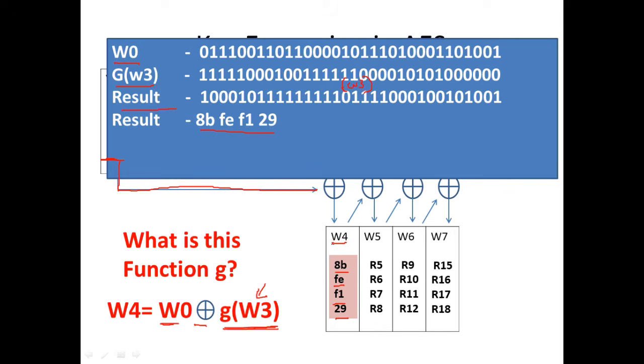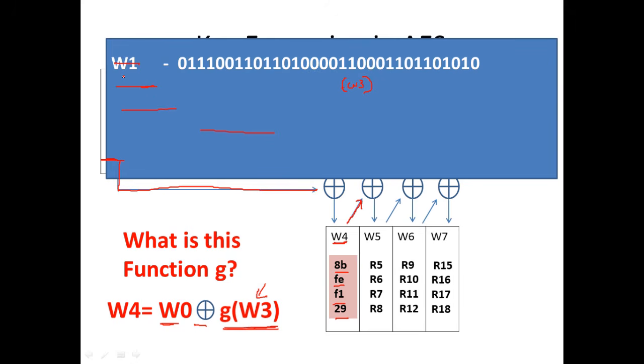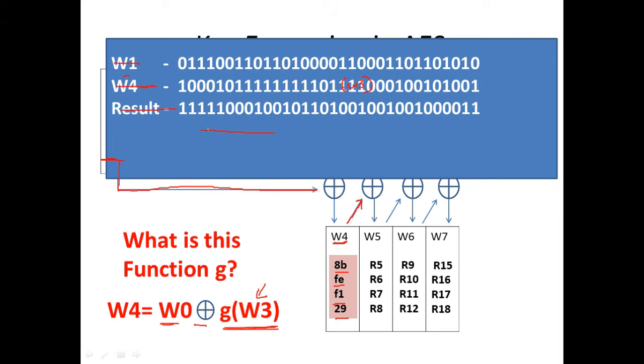So once you get W4, things are quite easy. What you have to do is take W4 and XOR that with W1. We know what W4 is, we know what W1 is. I have given here, this is W1, this is W4. Take the binary representation of these values. Now when I perform an XOR, the result is F8969243.